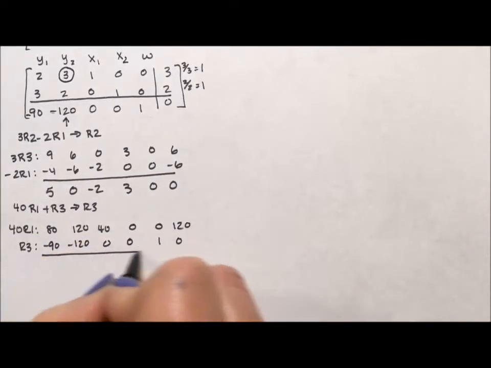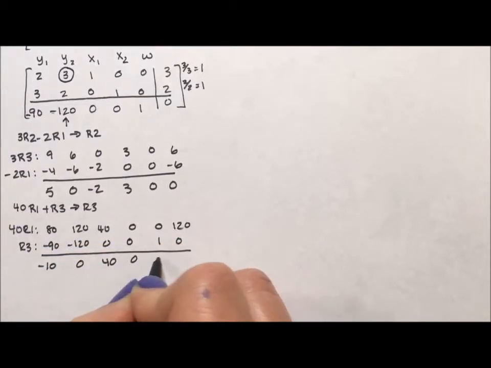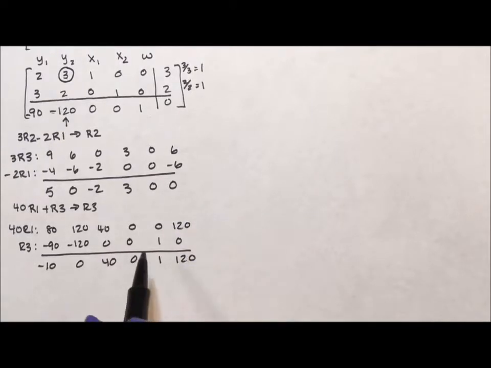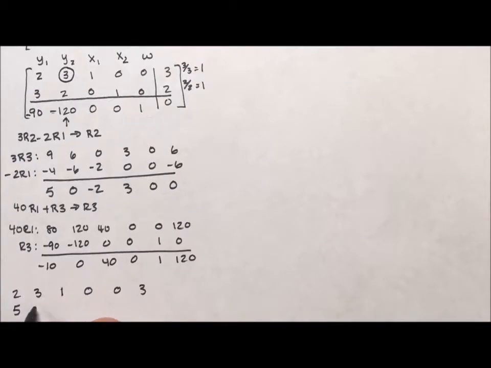And when we add down, we get negative 10, 0, 40, 0, 1, 120. So row 1 we didn't change, so we're going to keep row 1 as 2, 3, 1, 0, 0, 3. Row 2 becomes this new row, 5, 0, negative 2, 3, 0, 0. And row 3 becomes negative 10, 0, 40, 0, 1, 120.